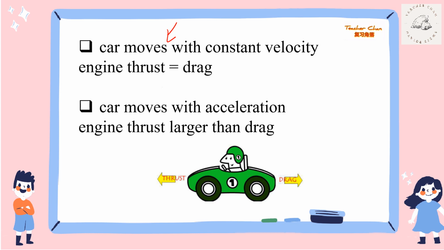You will see that the engine thrust is equal to the drag. When the object is not in equilibrium, like when the car moves with acceleration, you will see that the forces acting on the car are unequal. The engine thrust will be larger than the drag.